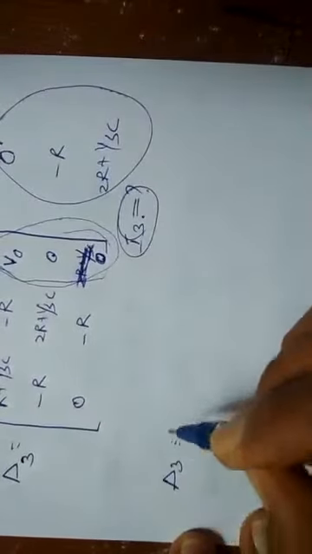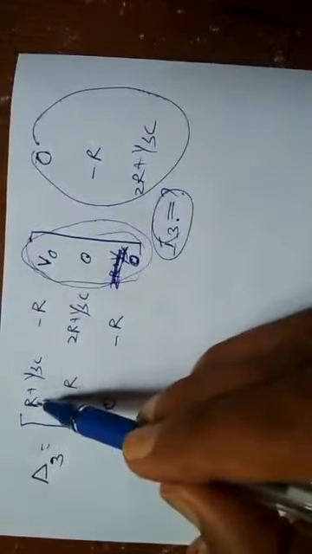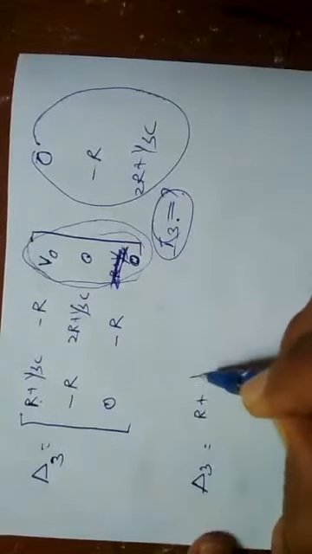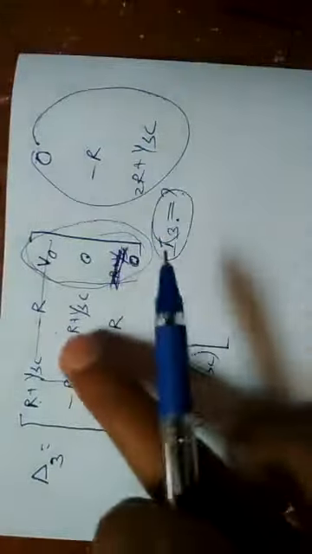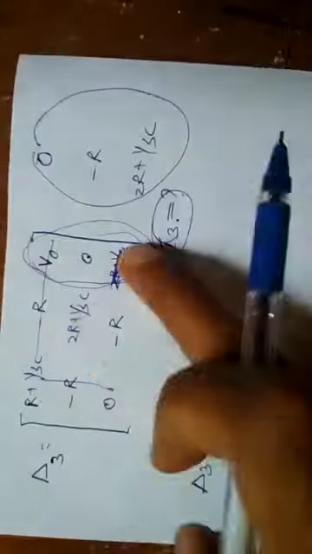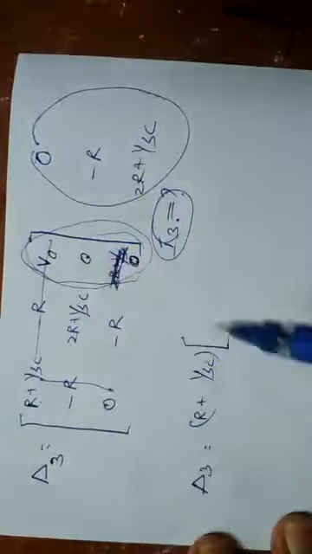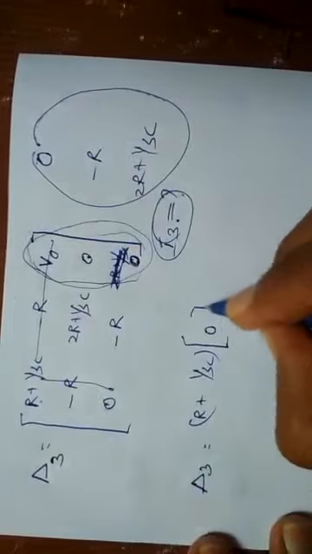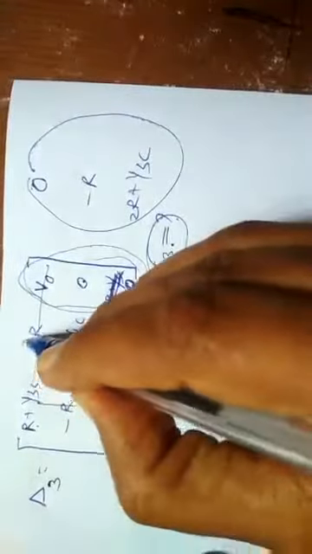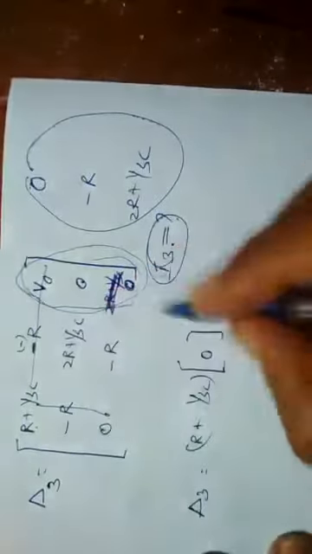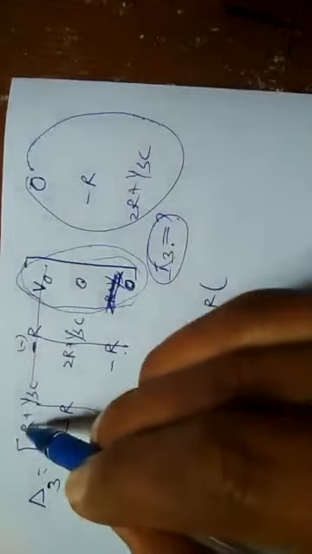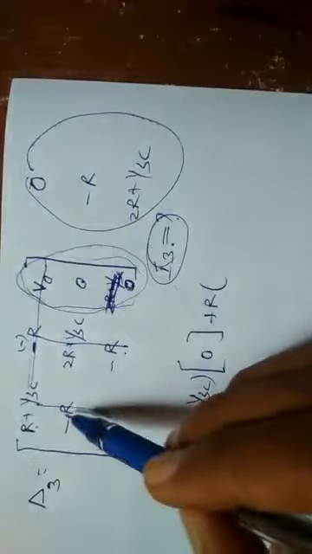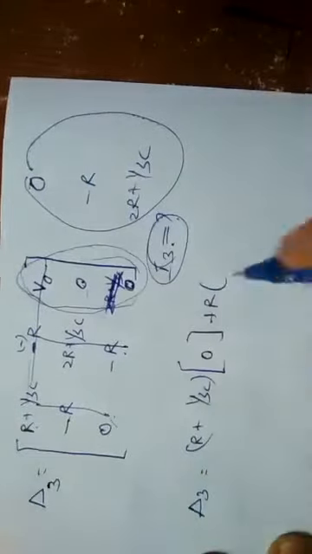So now del 3 becomes: here R plus 1 by SC, leave this column and this row, multiply this term, so 0 minus 0, so the total term becomes 0. Already we have minus R, so the sign for this position is minus, so plus R into, leaving this column and this row, you have to consider these two. Again it will be 0.